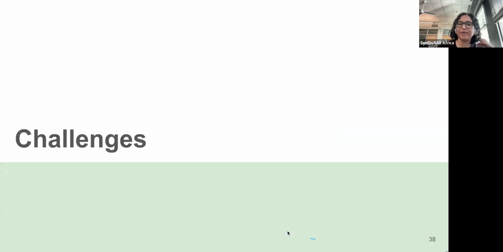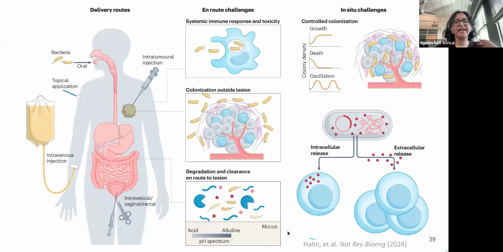And so really quickly, we're almost at time, so I'm going to blast through the rest of this. There are some challenges related to actually implementing these technologies. There are a lot more challenges related to using these therapies in vivo.